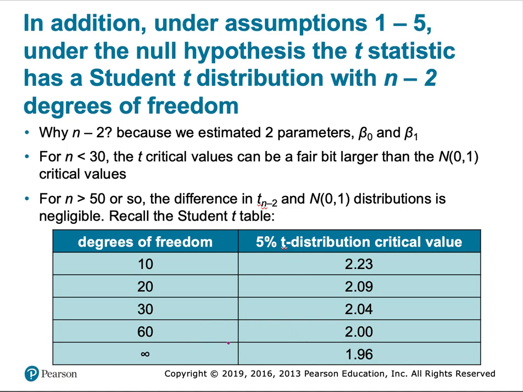For 60 degrees of freedom, the critical value is 2, and as you move to infinite degrees of freedom, you move to our familiar 1.96. Observe that 1.96 is very close to 2. So for large samples, the student's t-distribution is quite close to the normal distribution.